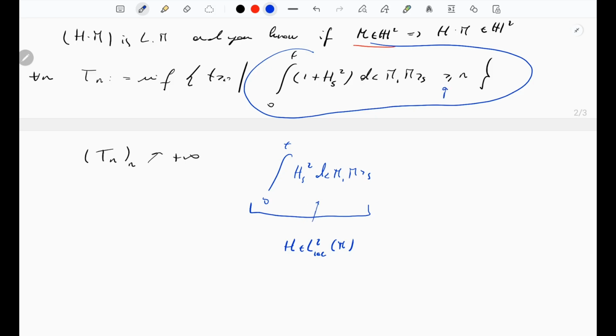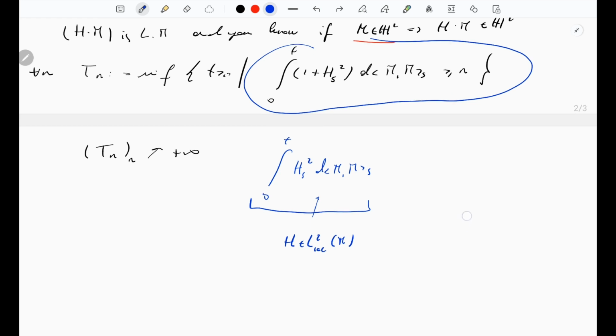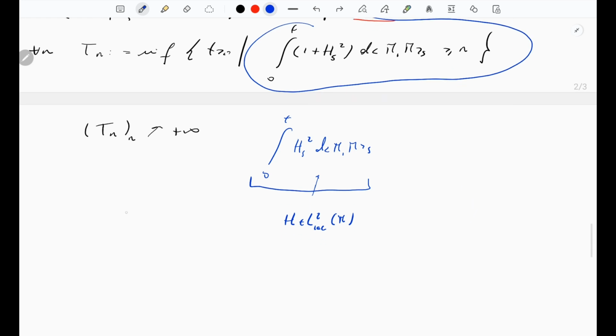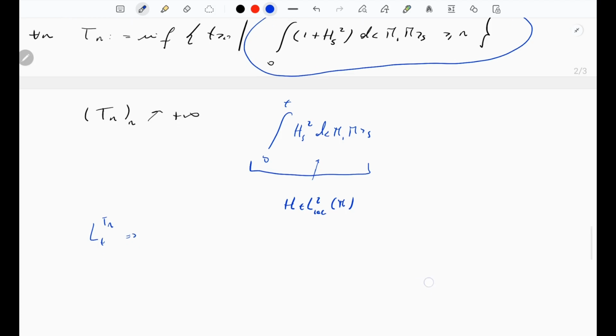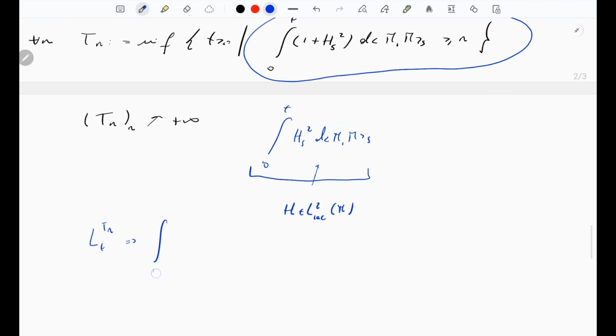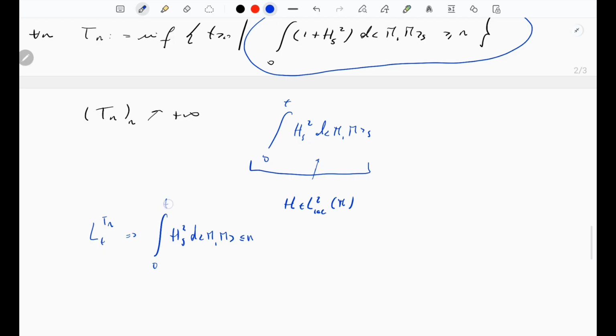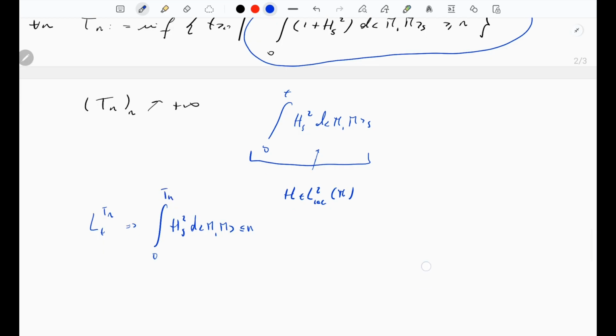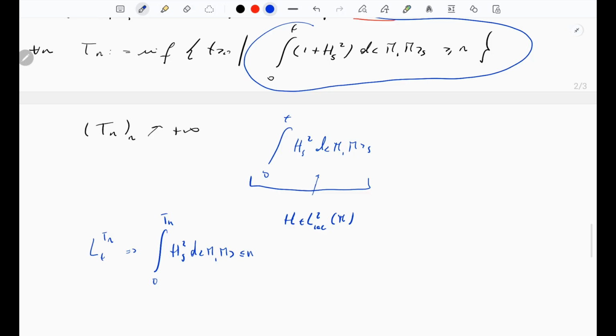But look at how we're defining it. We're saying, okay, it's bounded. Remember, T_n is the first time it goes above n. So if we stop at T_n, it means potentially that, at time T_n, we have just gone past n.